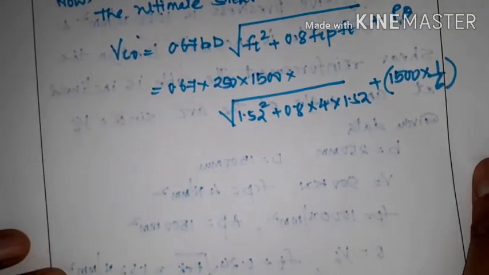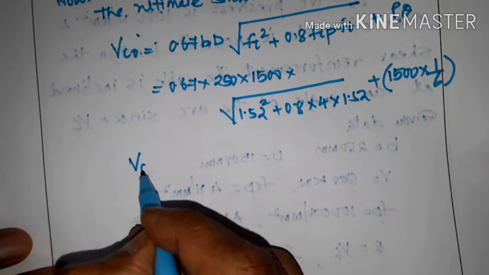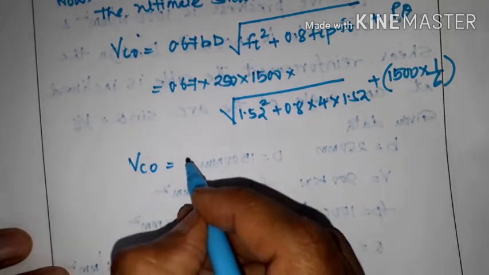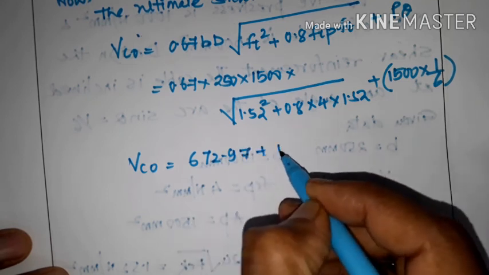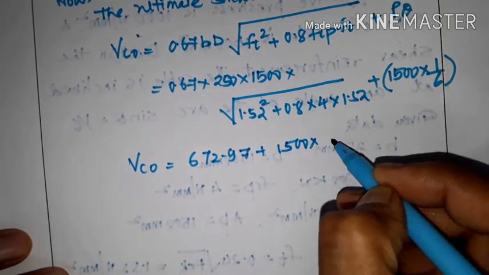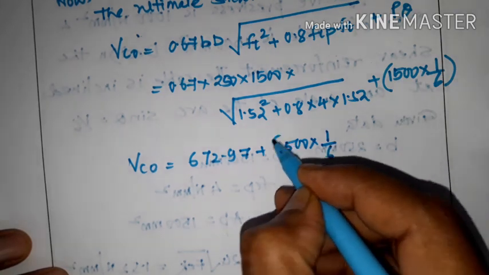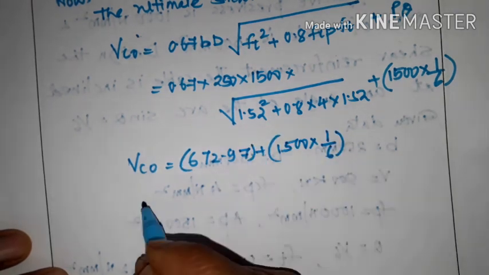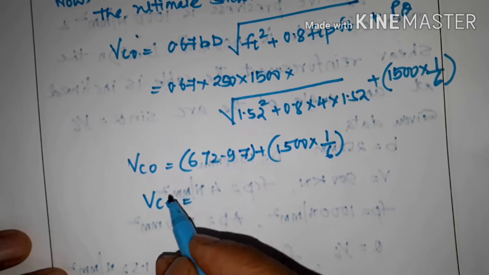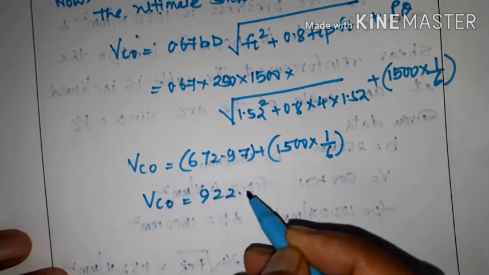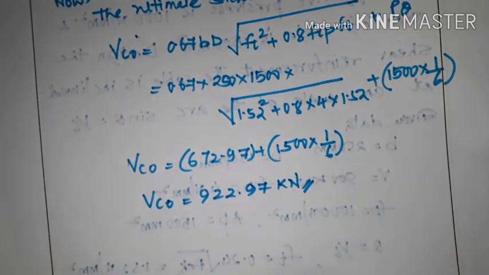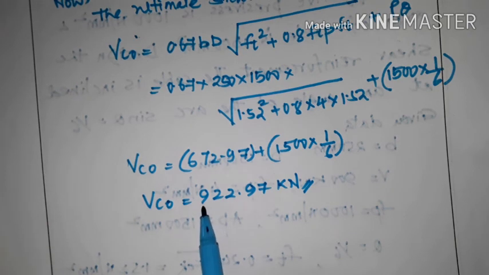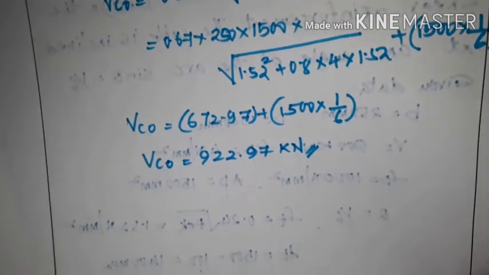So now we will get VCO is equal to 672.97 plus 1500 into 1 by 6. So this one term and this. So total VCO is equal to 922.97 kilonewton. So total shear resisted by concrete is 922.97 kilonewton.